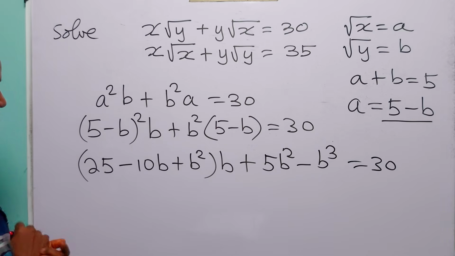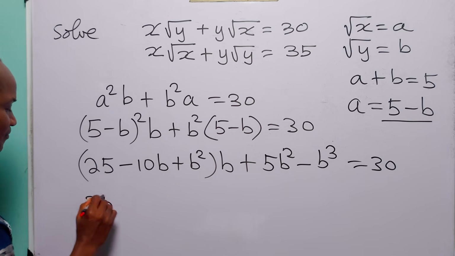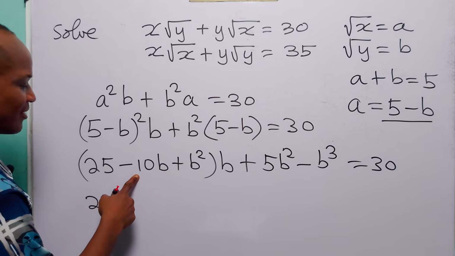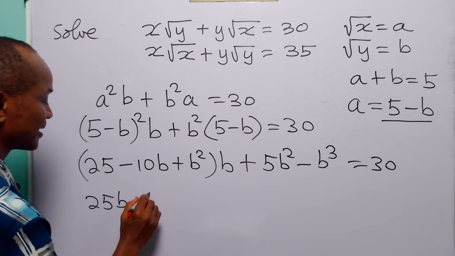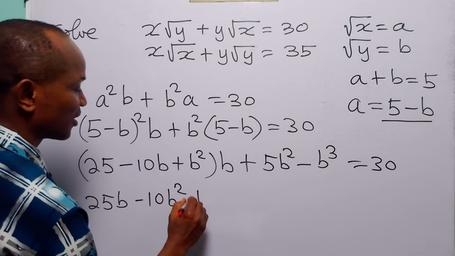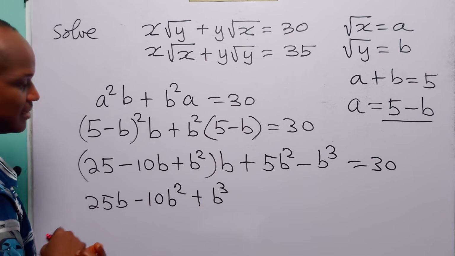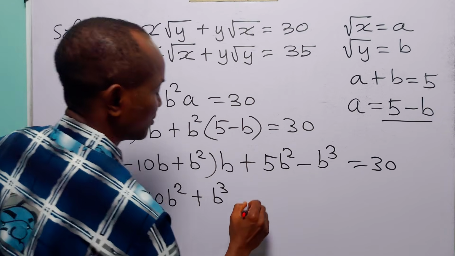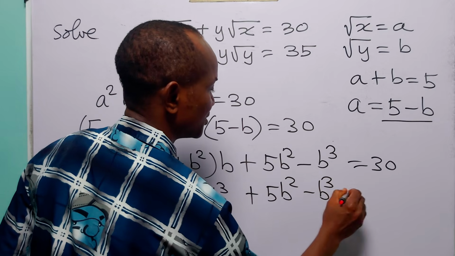Now let us open this bracket. We have 25b, minus 10b times b is going to give us minus 10b squared. Then we have plus b raised to power 3. That is this times that. Now, plus 5b squared minus b cubed.